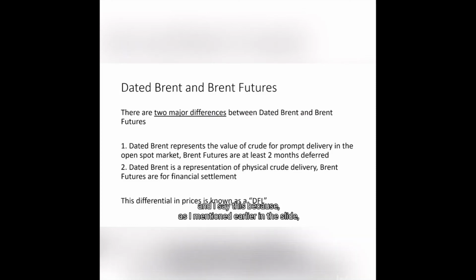As I mentioned earlier in the slide, you can purchase dated cargoes, i.e. cargoes with dates attached, using the mechanism defined by the exchange, whereas Brent futures are for financial settlement only. On the date that the August Brent futures expire, which is the 30th of June, you will have some cash adjustment in your trading accounts. There will be no physical delivery.